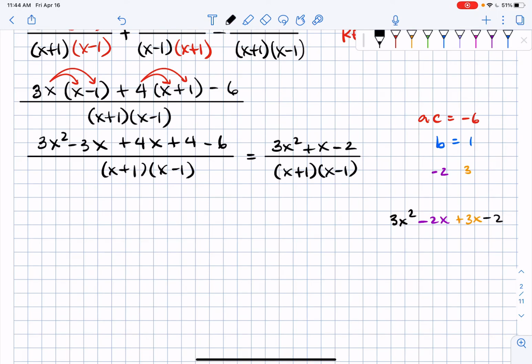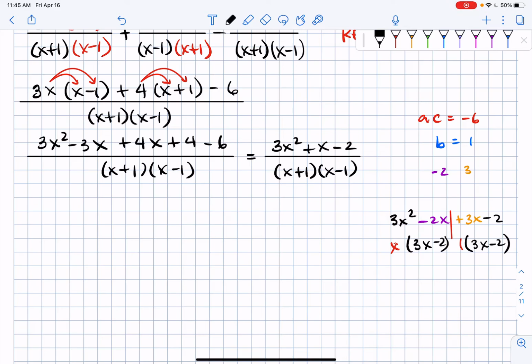So the first half would have an x, leaving me with 3x minus 2. Ooh, the second one has a 1, leaving me with a 3x minus 2. So that does factor, and there is going to be x plus 1 there, all right?